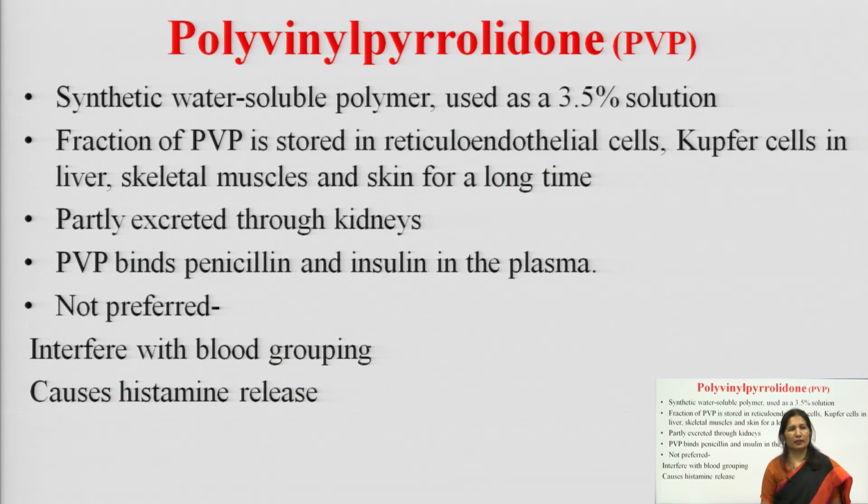Polyvinyl pyrrolidine binds penicillin and insulin in the plasma. They are not preferred because they are a synthetic polymer, and they interfere with blood grouping and cause histamine release. Because of this histamine release, they will produce allergic reactions.